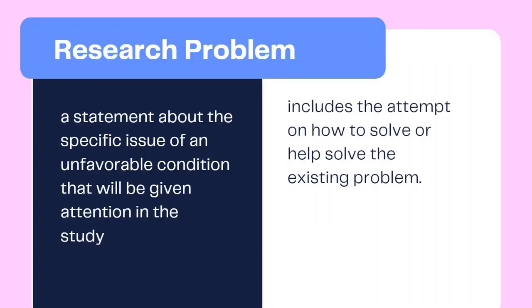And then now let's go to the three keywords: research problem, research objectives, and research questions. Research problem. So when we say research problem, this is the statement about the specific issue of an unfavorable condition that will be given attention to the study. So what is this specific? Dapat specific because you would have to explain yourself a lot kung wide would gayo imong range. So you get as specific as you can.